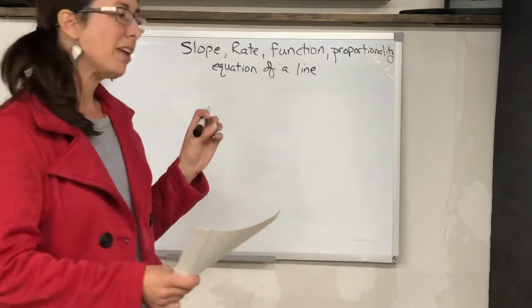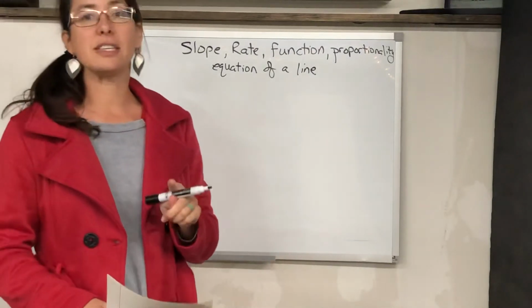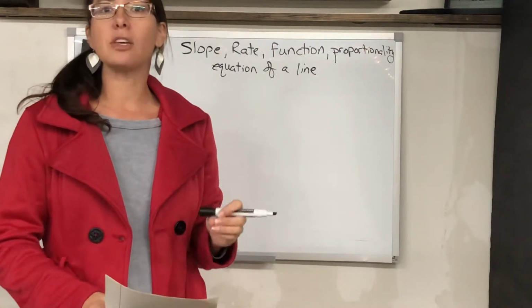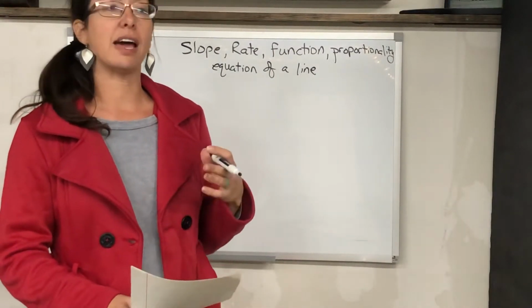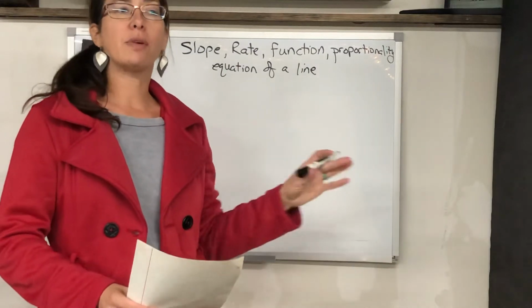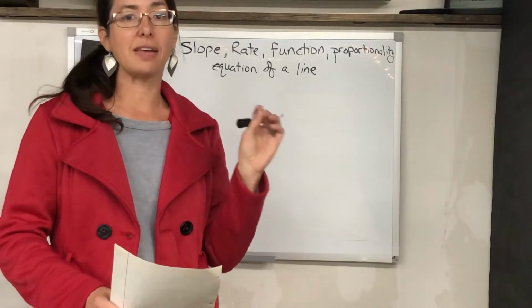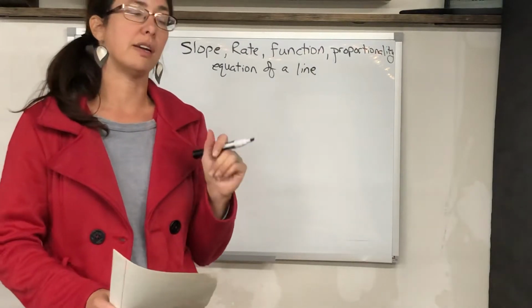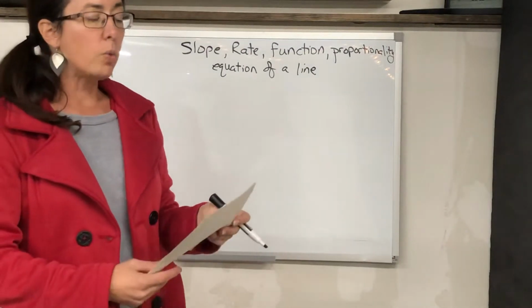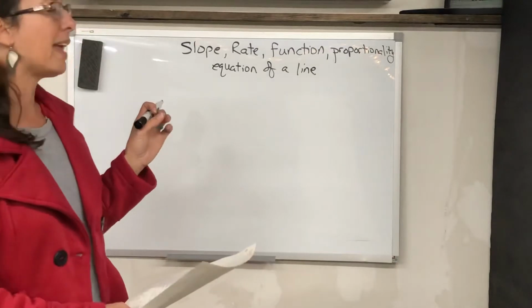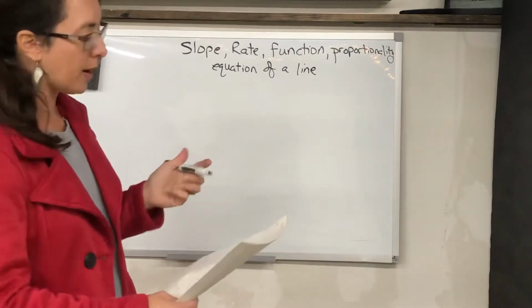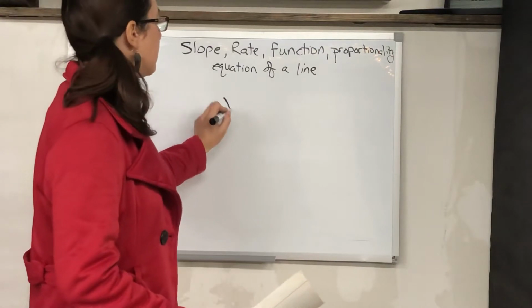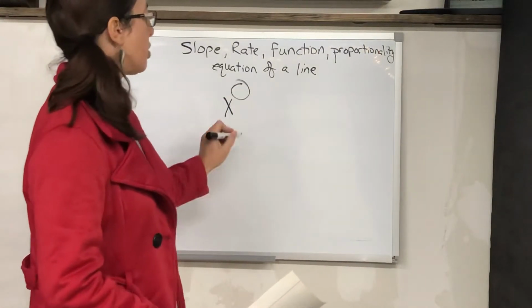So the first thing that I want to discuss is vocabulary and words that you might hear. Remember how we've talked about before, a lot of times the same thing can be said multiple ways, and so then it can get a little confusing. So when we are talking about a first degree equation with two variables, remember that first degree simply is your exponent here.